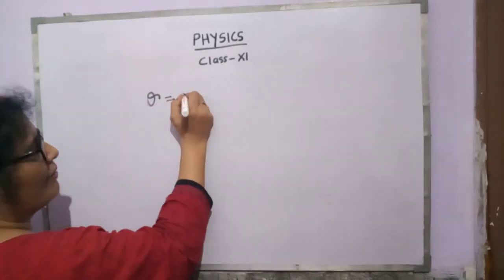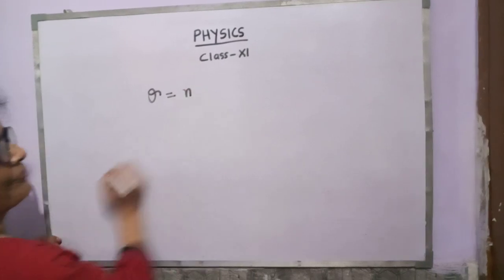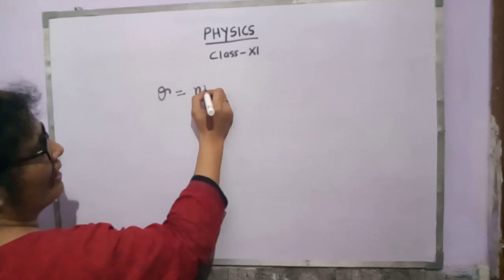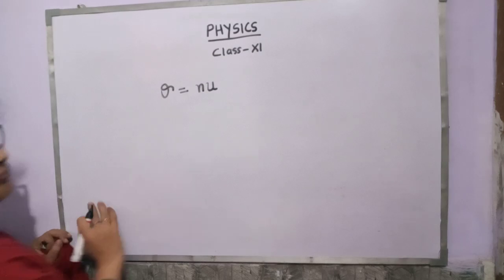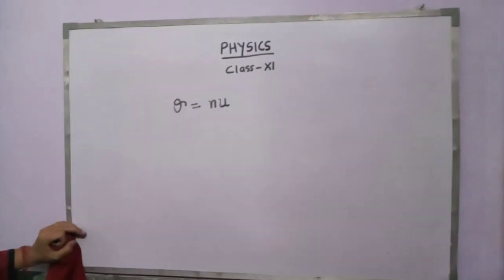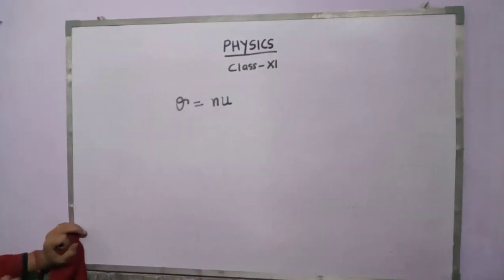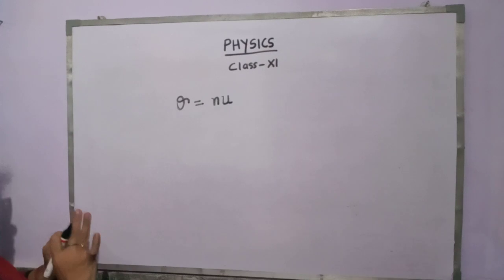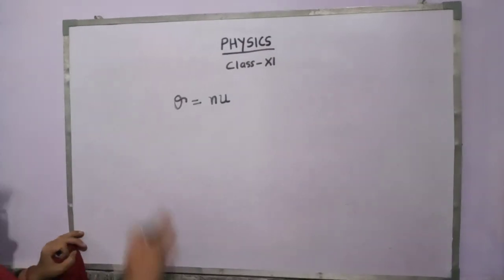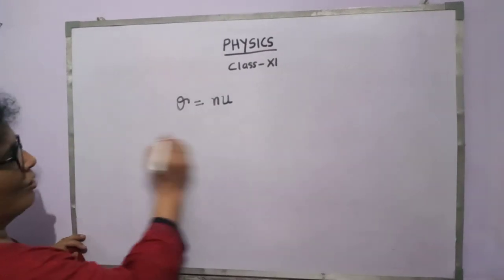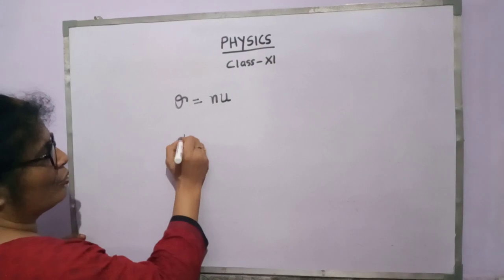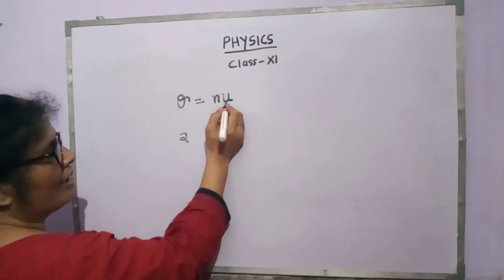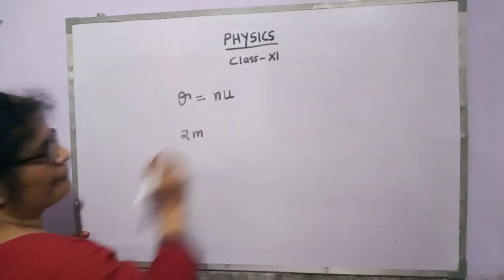Its numerical value is represented by N, and its unit I have represented by U. Suppose the length of a pole is 2 meter. Then 2 is its numerical value and the unit is meter.